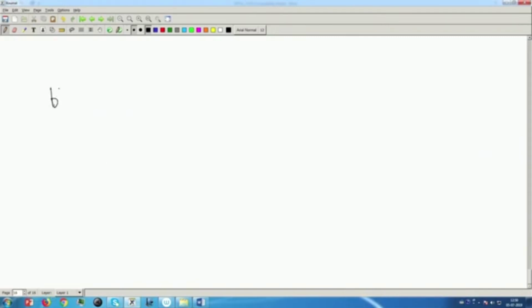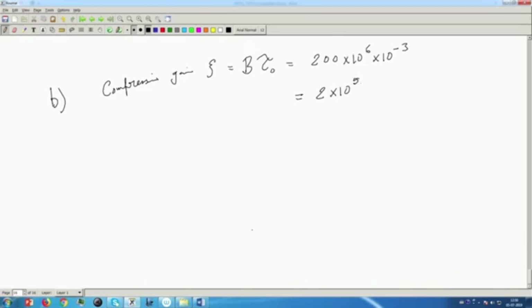And part B, the compression gain of the LFM. The compression gain, that we know, is given by B tau naught, and here B is 200 megahertz and tau naught is 1 millisecond. So, it is 2 into 10 to the power 5.